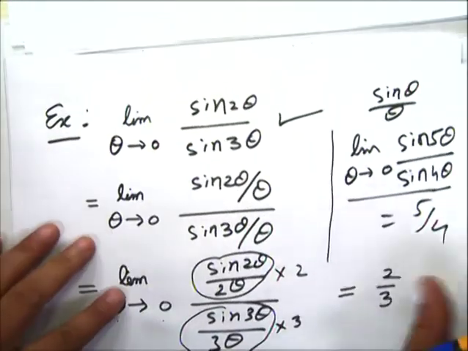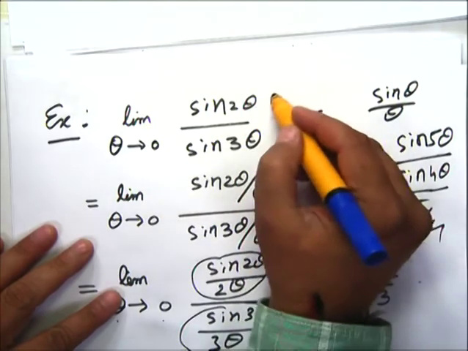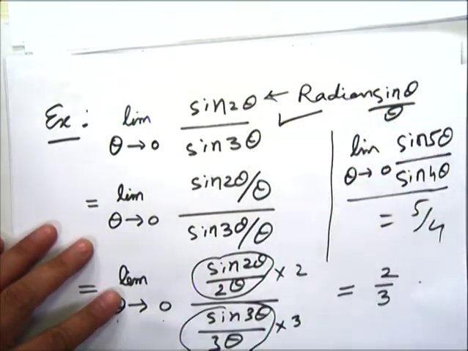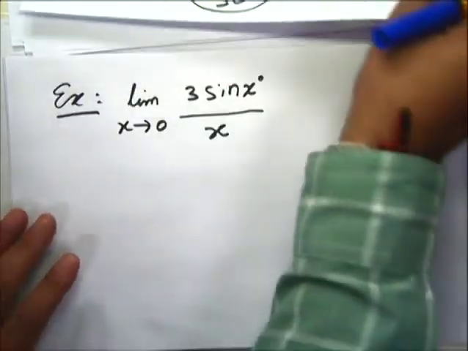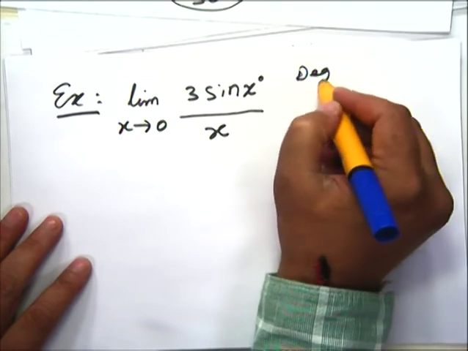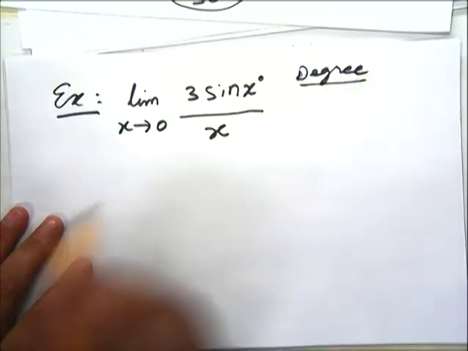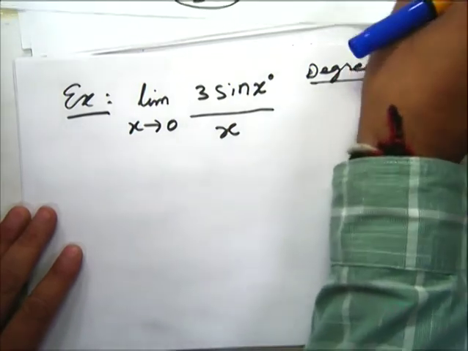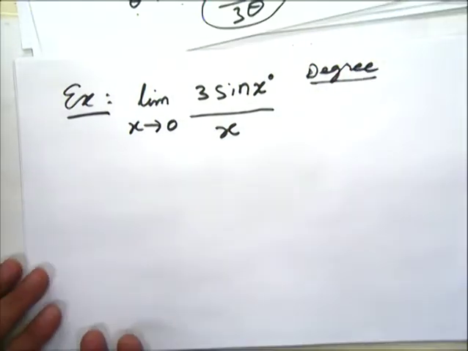Here what we have used before is radian. Here we are using degree. Our formula is for radian.